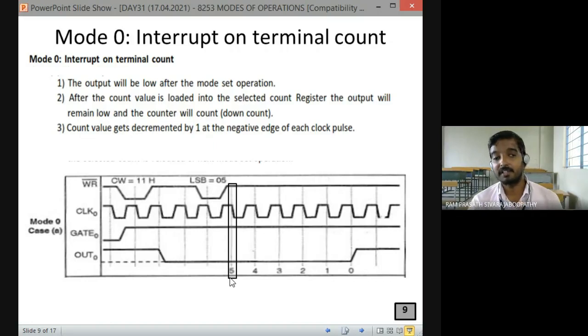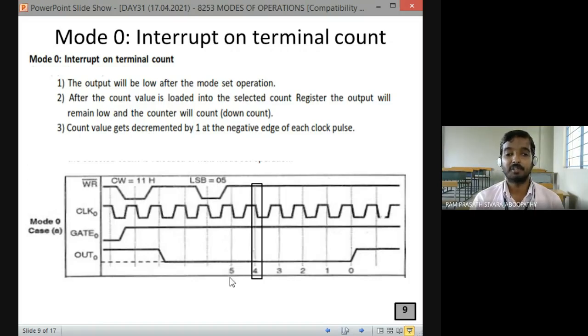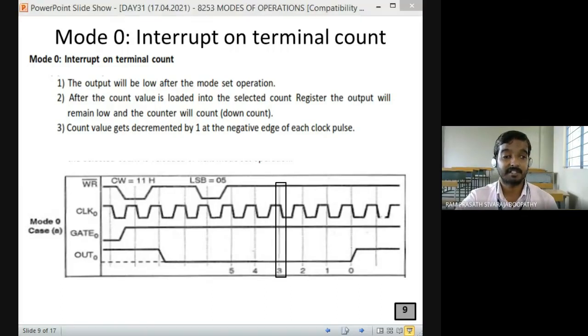Count value 5 இருக்கு. Next என்ன ஆகும்? Next clock edge வரப்ப 4. Very good. Next, after 4, next edge என்ன ஆகும்? Yes, it is going to change as 3. What about next? 2. Very good.